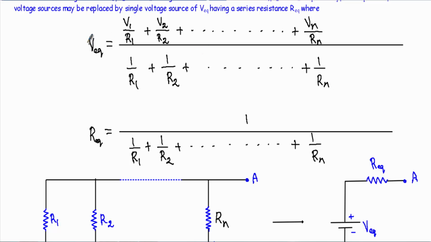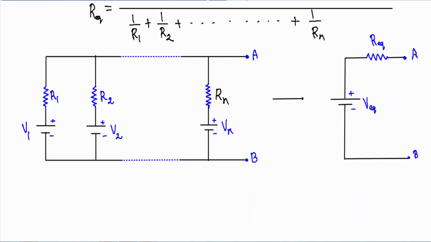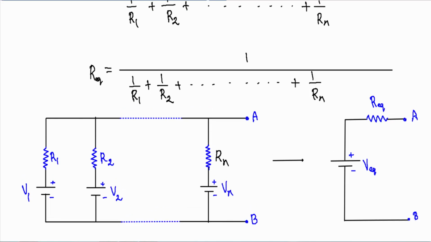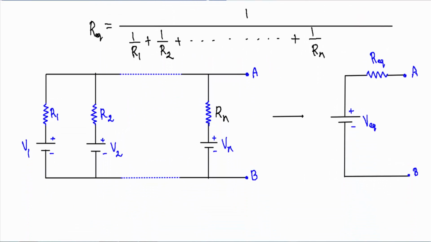This is how we will calculate VEQ, and we will calculate REQ by using this formula: 1 divided by 1 by R1 plus 1 by R2 plus up to 1 by Rn. Now I will show you the detailed derivation of these two formulas, VEQ equal to this and REQ equal to this.